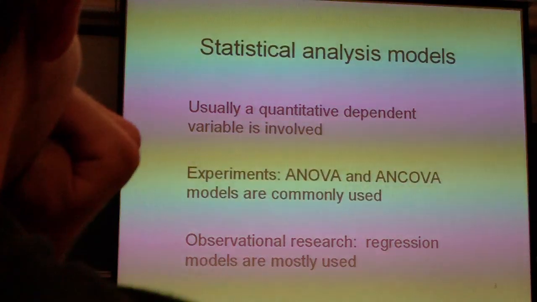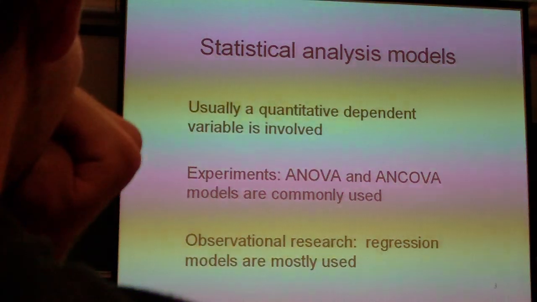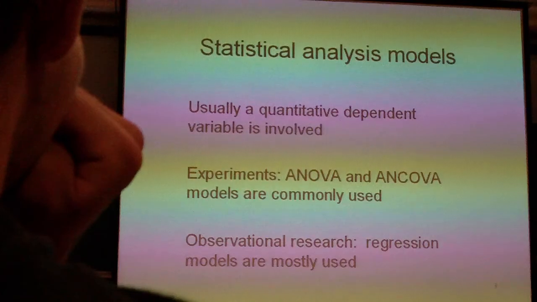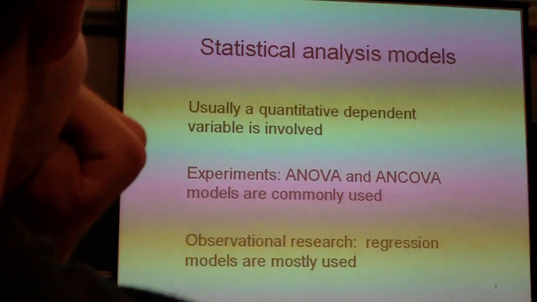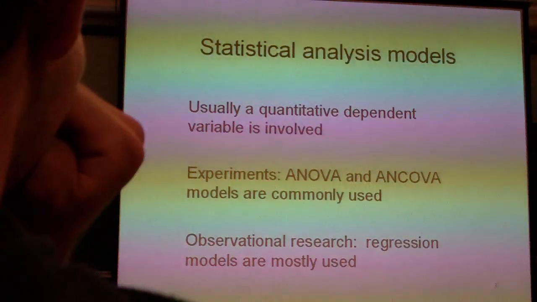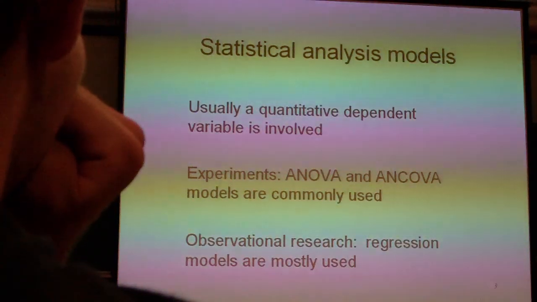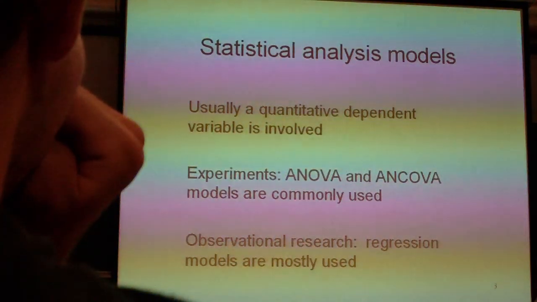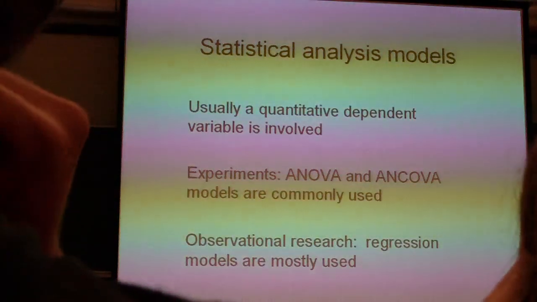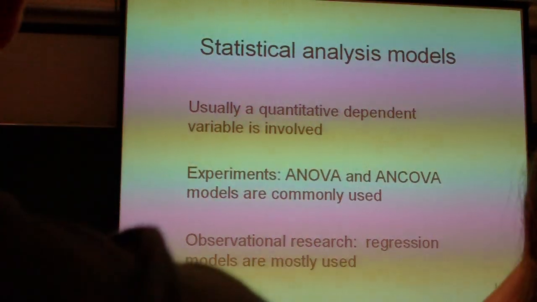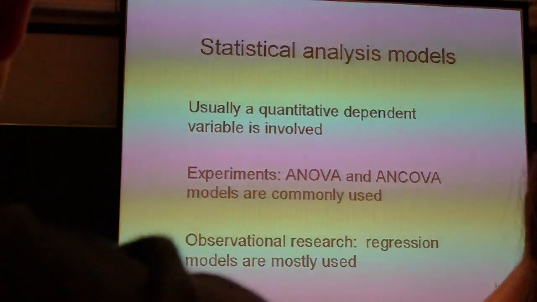When we're dealing with observational research, we usually work with regression models. As we shall see, regression analysis and analysis of variance are really two sides of the same coin. It's not really two different models, but they are the same models using different parameterization.